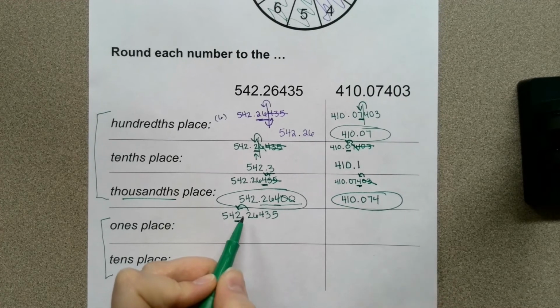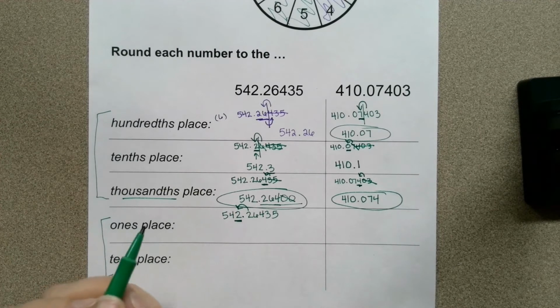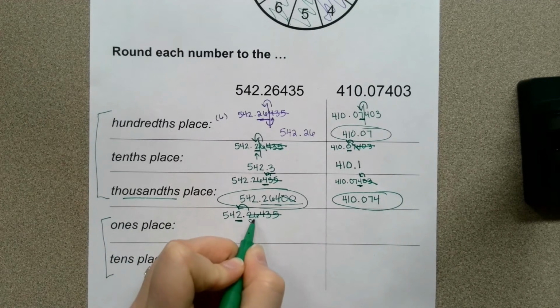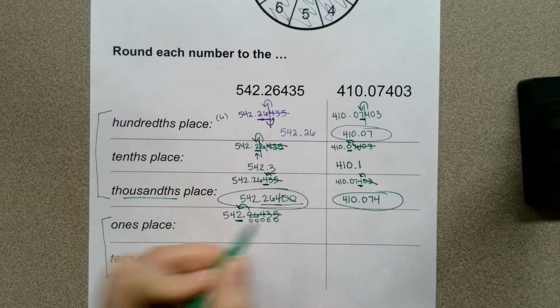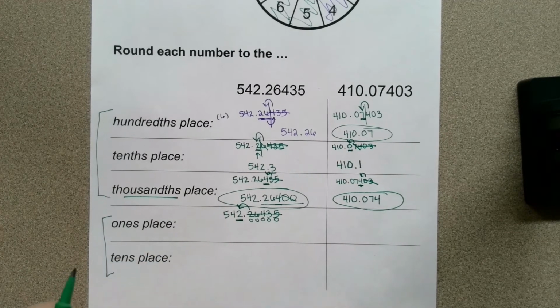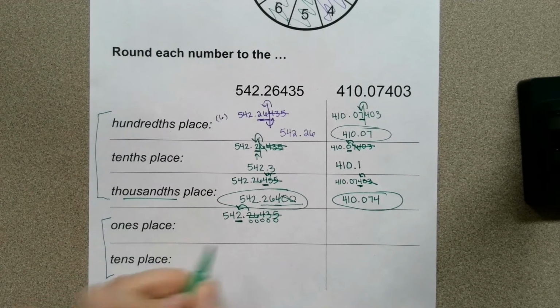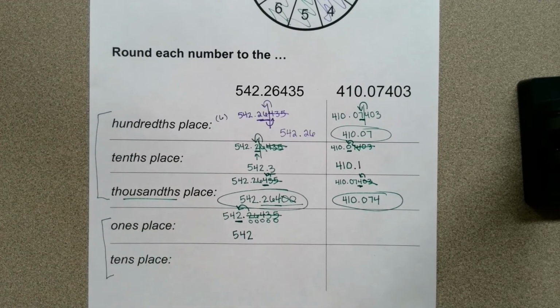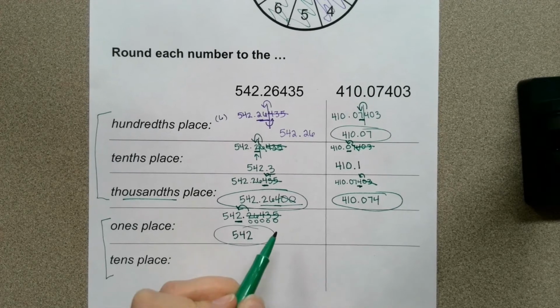The 2 is not enough to round it up, so this is all going to drop off or become zeros. And having zeros to the right of the decimal doesn't add any additional value. So 542 is our final answer. 2 is our last digit. It's in the ones place, so that would be our answer.